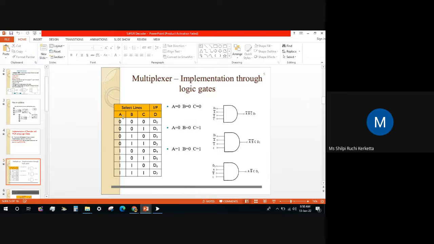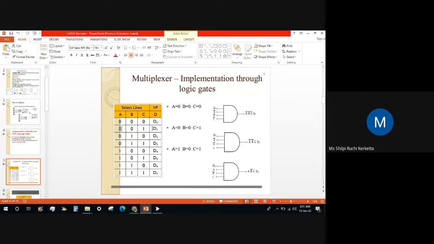Okay, so if the code is 000 and if our D0 is on, only then we will get the output. Okay, so this will be our first circuit. The combination should be 000 and this D0 should be on. Then only we will get the first output. So this will become our first case.